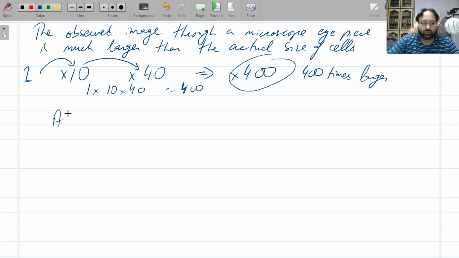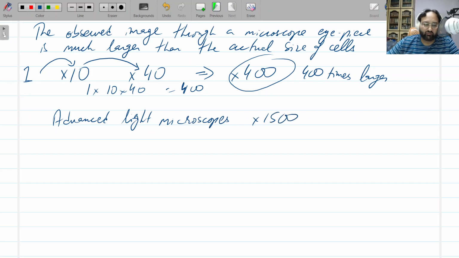Advanced light microscopes go much deeper than that. They go up to 1500, which is around 4 times that. So they go up to like 1500 times magnification. That is considerable.